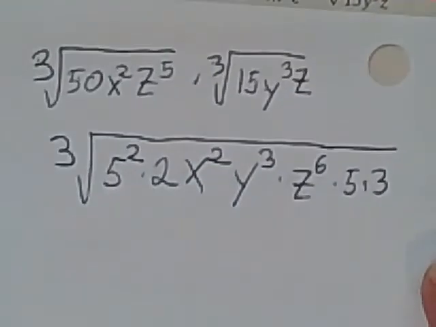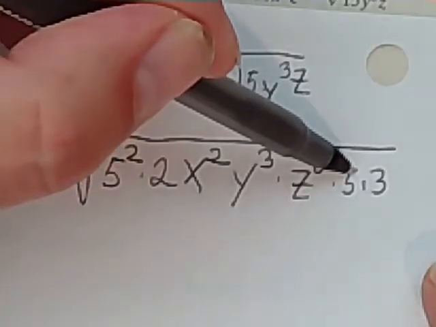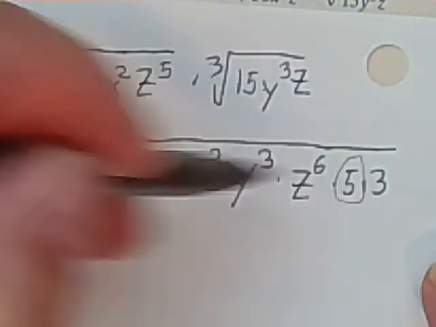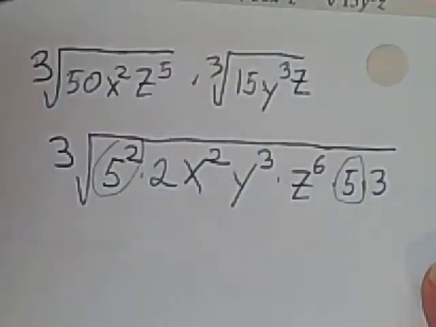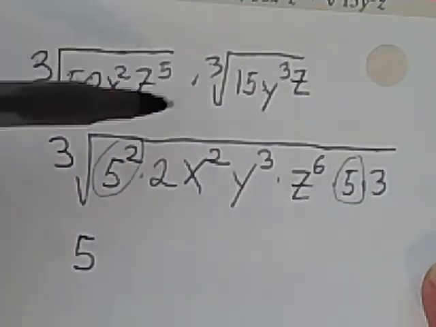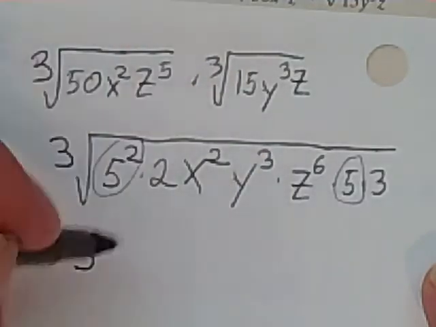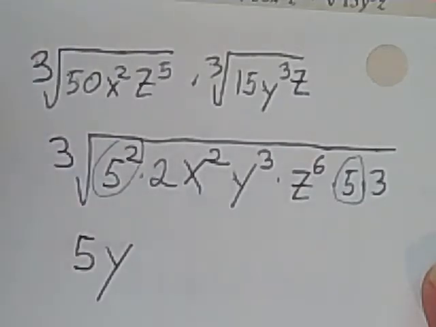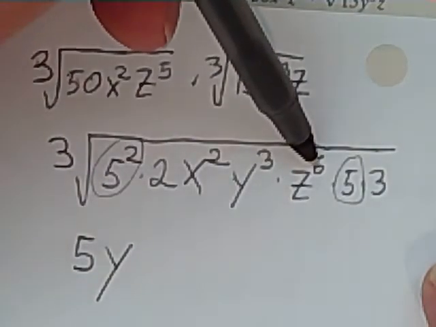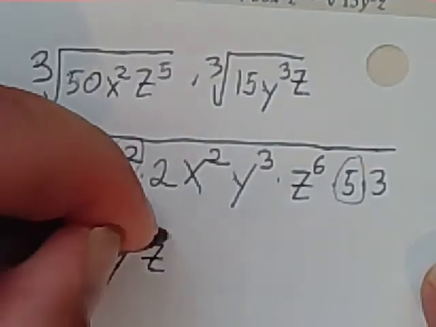So underneath this radical sign, I have the cube root of 5 squared times 5 over here. That is 5 cubed. I can pull these out from underneath the radical sign and say I get a 5. I can pull the y cubed out and call that y. The cube root of z to the 6th power, so I divide 6 by 3, and I get z squared.